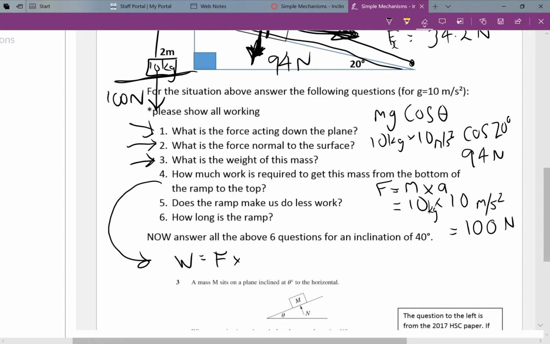Let's say D, make it easier. Force times distance, which is equal to 100 newtons of the weight force multiplied by the 2 meters to the top of the ramp, which equals 200, and if this is in newtons and this is in meters, you get joules.